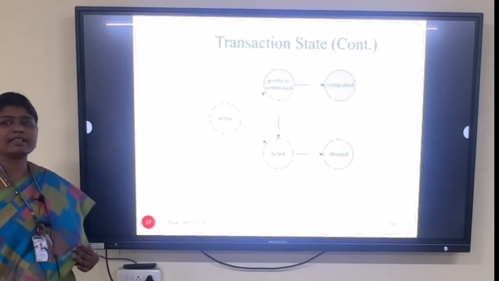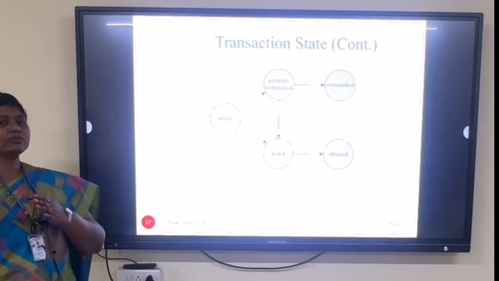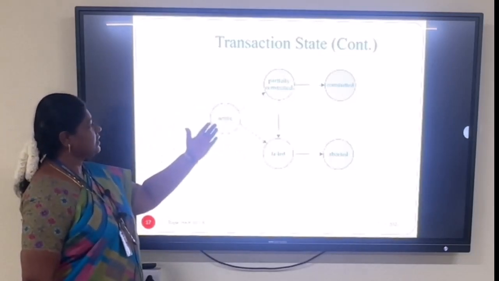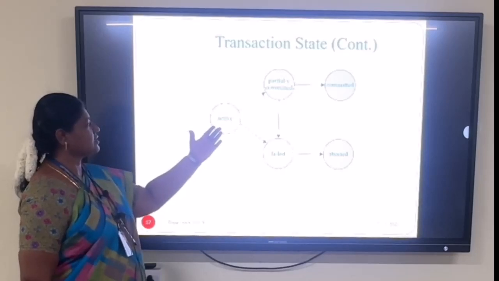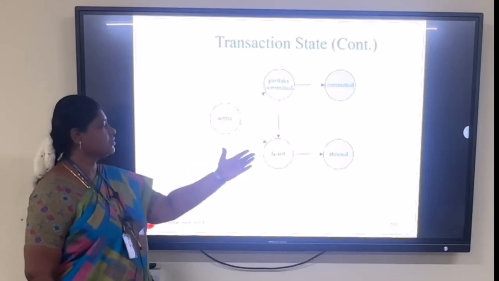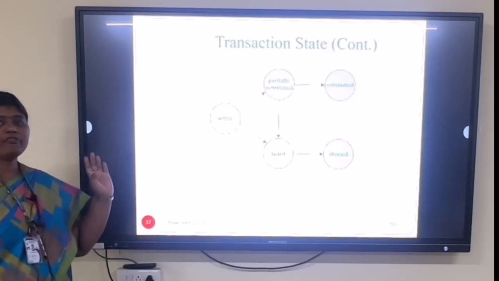Committed means the transaction has been completed. Otherwise, if the transaction starts but because of some problem it is not able to execute, then it enters the failed state.